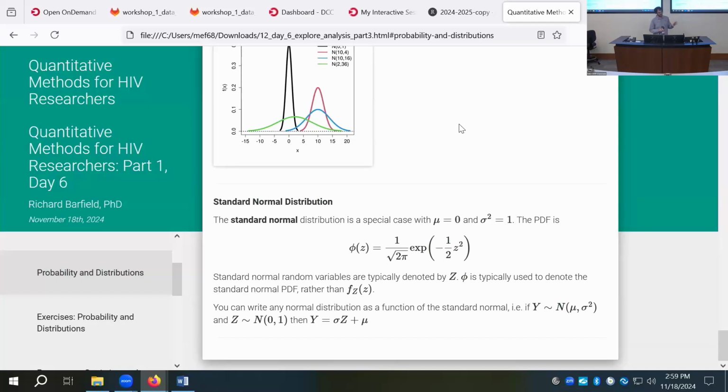You can write any normal distribution as a function of a standard normal. So if y follows a normal with mean mu and variance sigma squared, then it's equal to a standard normal times sigma plus that mean. This is a really nice property that makes working with normals really nice.